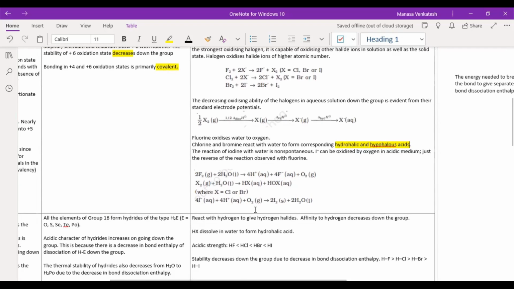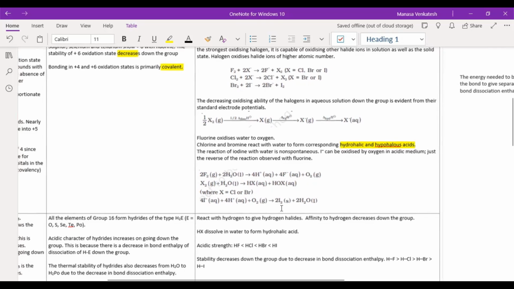Iodine, on the other hand, the reaction is actually non-spontaneous, but I⁻ can be oxidized by oxygen in acidic medium. And this is basically the other way around of what is observed in case of fluorine. So fluorine oxidizes water to give us oxygen, whereas iodine is itself getting oxidized for us to get water. It's just the opposite.